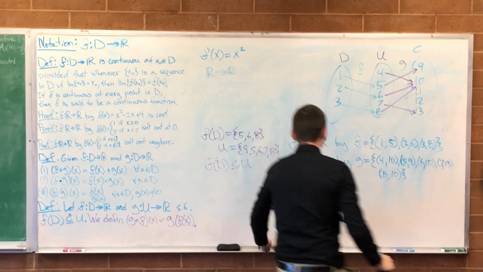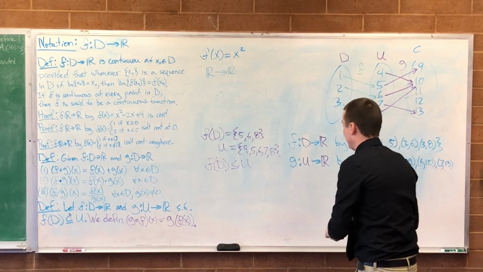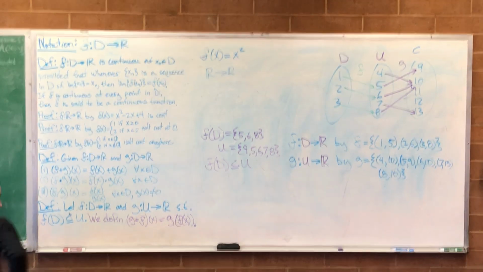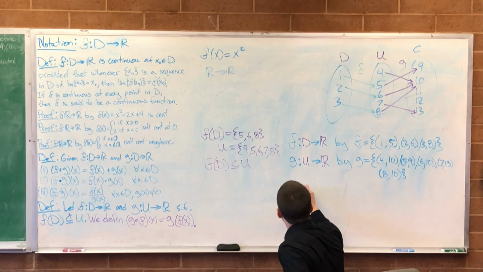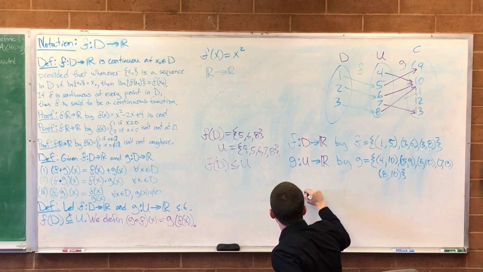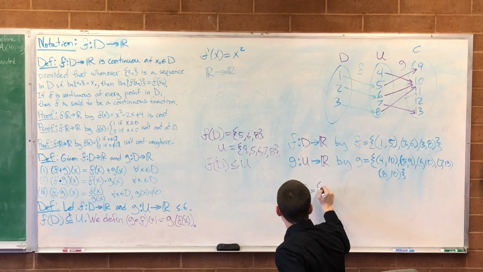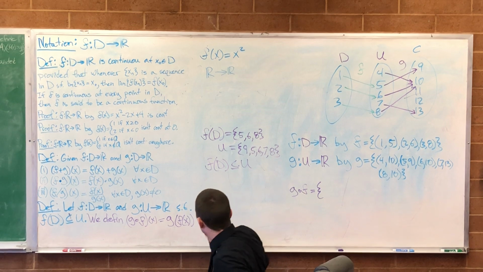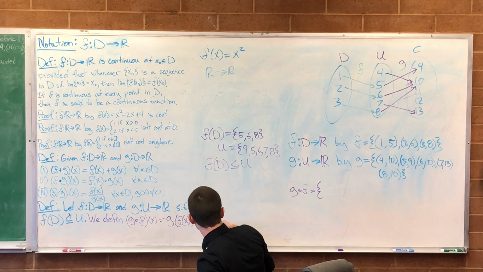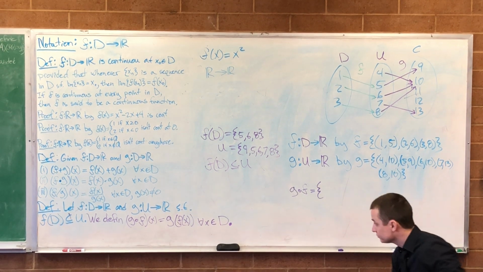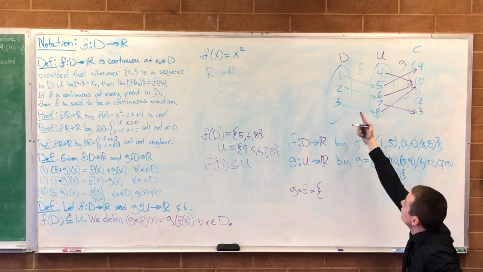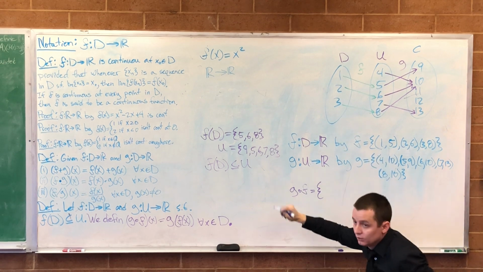So, let's write it over here. Using this example, let's write exactly what G composed with F is. For all x in D, pick something in D, like 1.